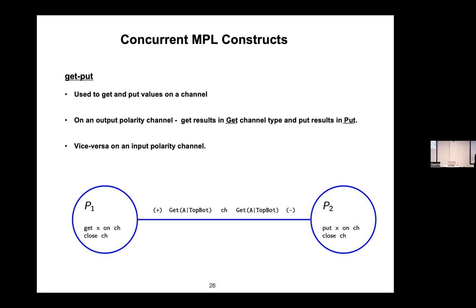So when we are getting a value on an output channel, the type constructor for that is get, or when we are putting a value on an input channel, the type constructor is again get, and vice versa. When we are putting a value on an output channel, the type constructor is put, and when we are getting a value on an input channel, the type constructor is put.